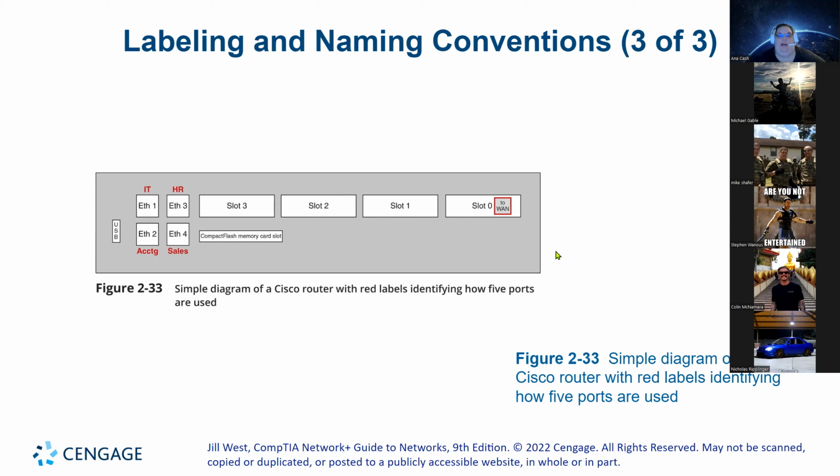So here's a simple diagram of a Cisco router, and the red labels identify how 5 ports are used. And this is just a super simple example. So this one goes out to probably the accounting gateway. IT goes here, human resources, sales. And this one here goes out to the WAN.